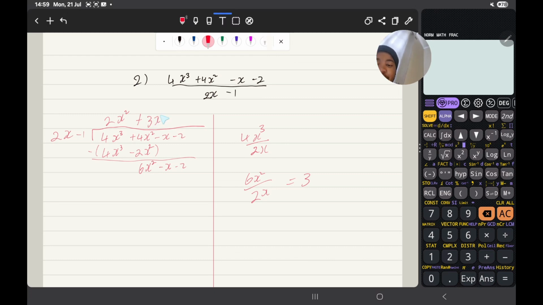So 3x, 2 times 3, that's 6x squared. And then minus 3x. We subtract, we get 0. And then minus x minus 3x, that is 2x, right? Then you drop the minus 2, do your thing, you're gonna get plus 1.